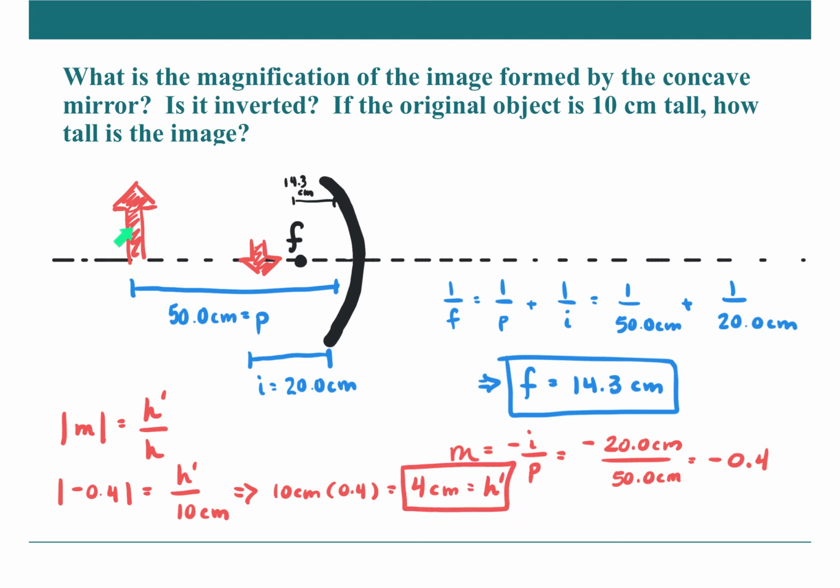So if this object is 10 centimeters tall, then its image is a mere 4 centimeters tall and flipped upside down.